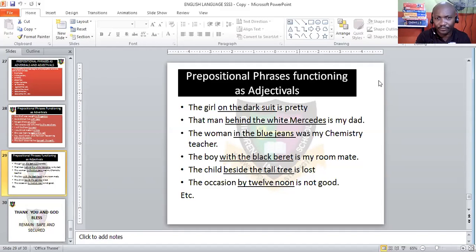So it's been a very nice time with you, and I hope you've learned so much about the nouns, adjectivals, and adverbials. Nouns, their functions as subjects and objects. We have prepositional phrases functioning also as adjectivals and adverbials.